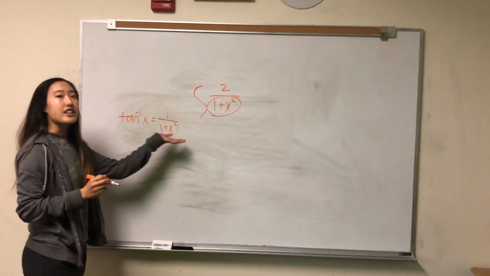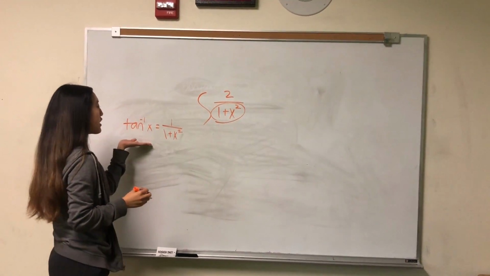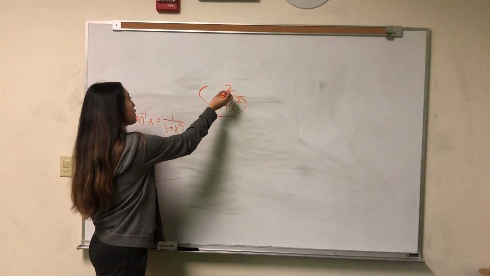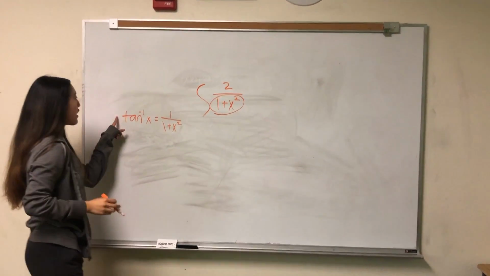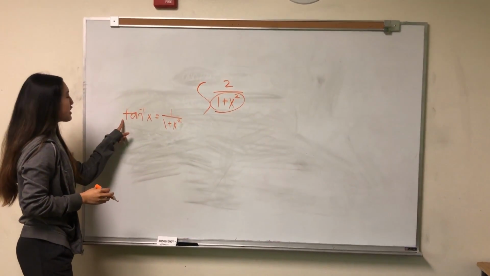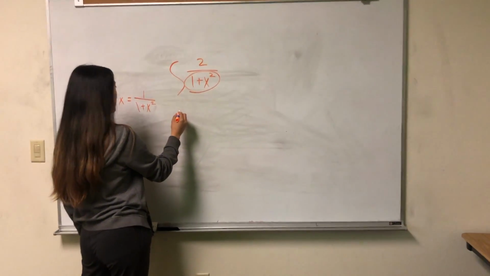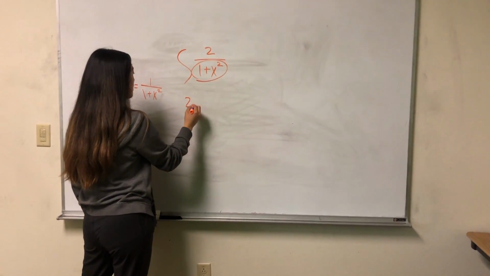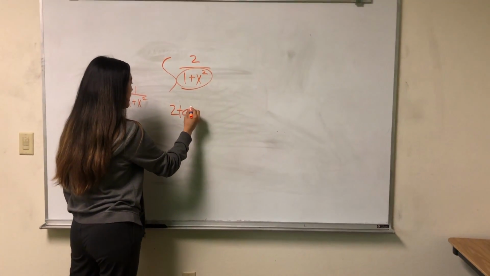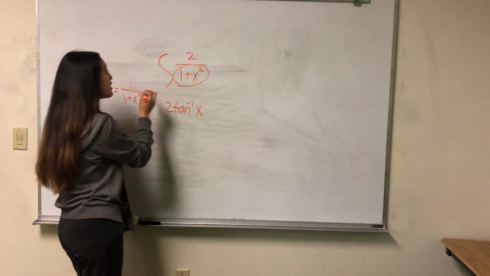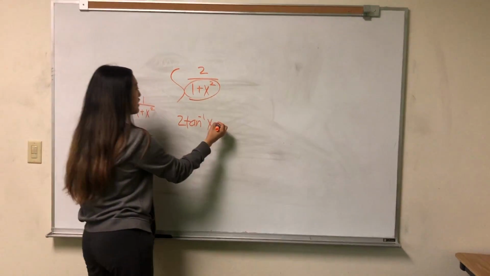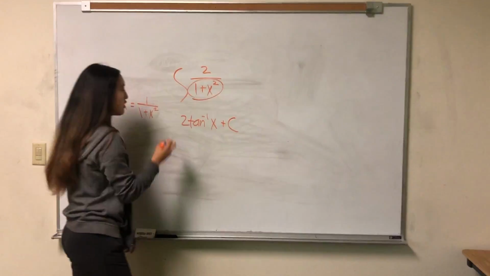And so you just need to recognize that this is one of these equations, but there's a 2 in here, which means that the constant will be right here for the antiderivative. So for this one, the antiderivative would equal 2 inverse tan, and then since this is an indefinite integral, it's plus c. So that's the answer.